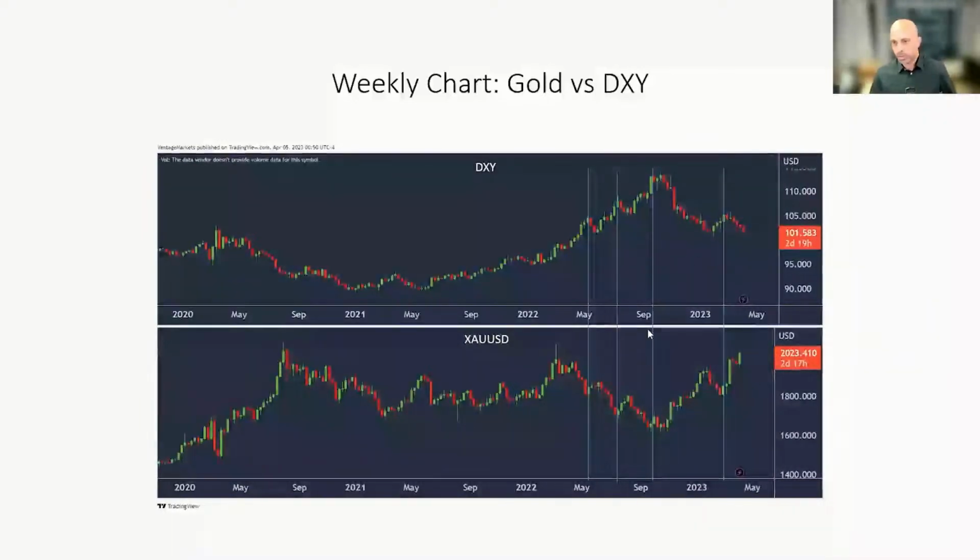So these are all on weekly charts, but of course, depending on your trading style and strategy, you can scale all of this down to a daily time frame, 4 hourly time frame, or a 1 hour time frame.